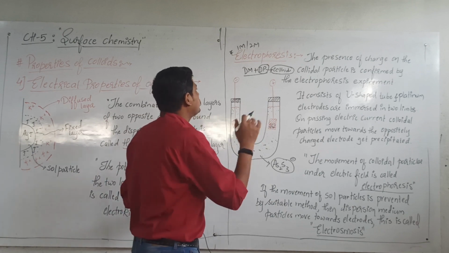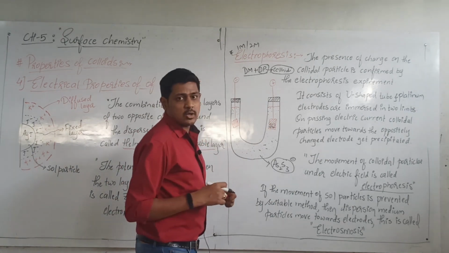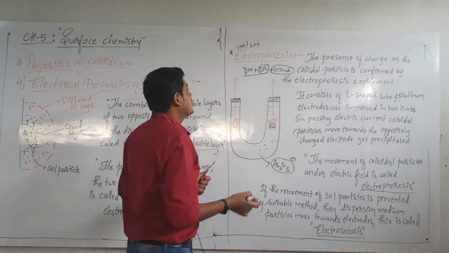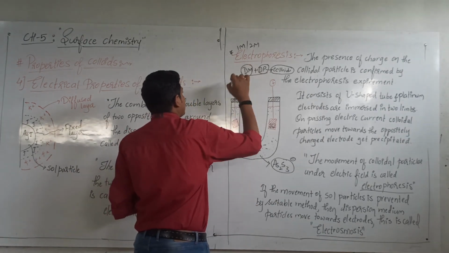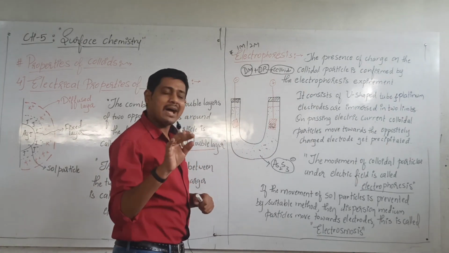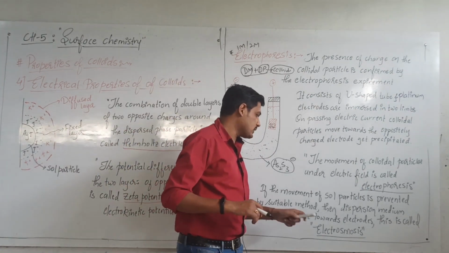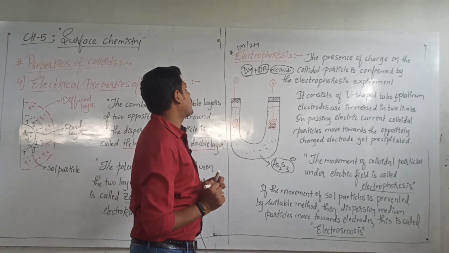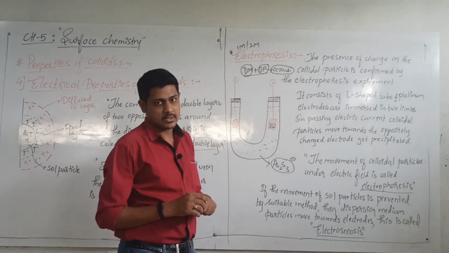Once I remove the charge present on the colloidal particles and then do the electrophoresis, the dispersion medium particles have to move towards the oppositely charged electrode. That phenomenon is called electroosmosis. Very important for 1 mark or 2 marks.